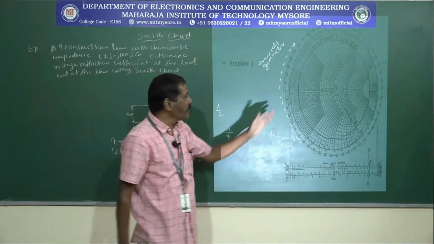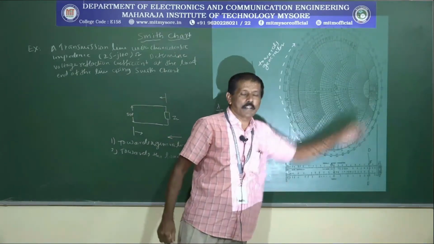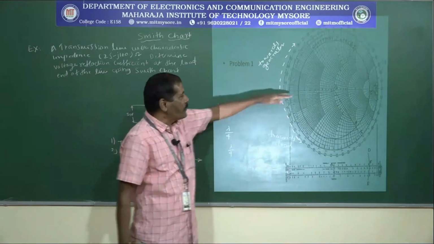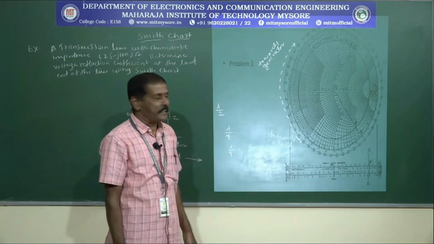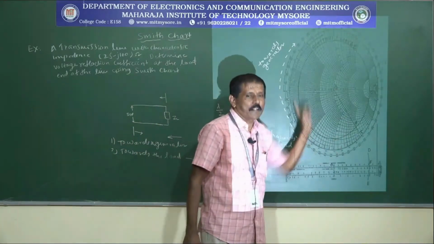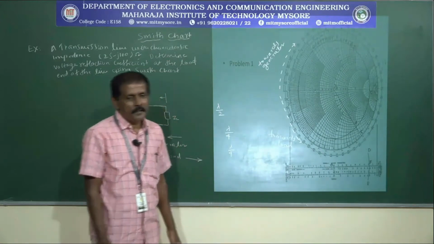From this point, covering a distance up to here, the distance covered is also lambda by 4. So if you cover half of the Smith chart, the distance covered is lambda by 4, and if you complete the Smith chart, the distance covered is lambda by 2.